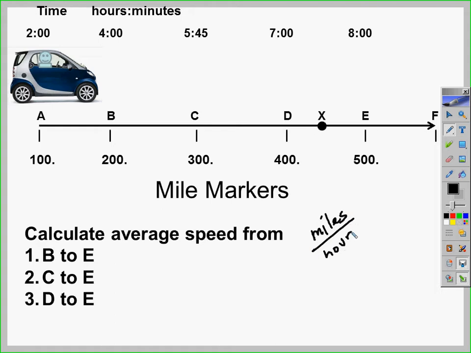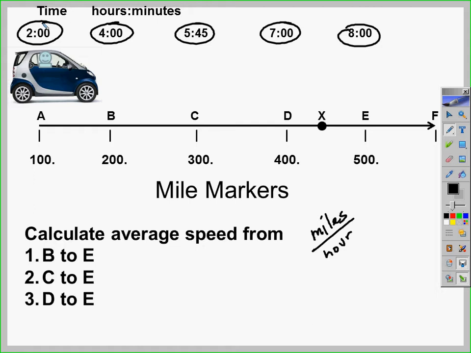Now you want to be a little bit careful because these times are given in hours and minutes, so you want to change it so that it's all in hours. For example, if you went 1 hour and 30 minutes, how many hours would that be? 1.5 hours. So you've got to keep that in the back of your mind.